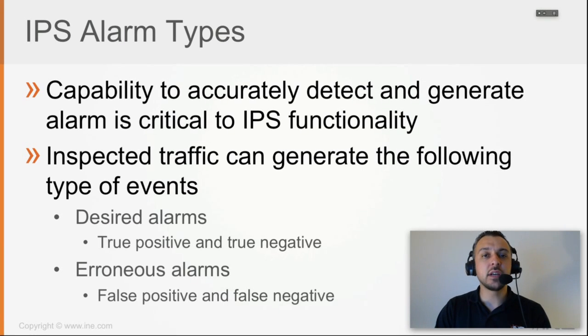Now, just like in the case of NAT inside local, inside global, outside local, outside global, there is a big confusion here, and people try to memorize what true positive and true negative mean.